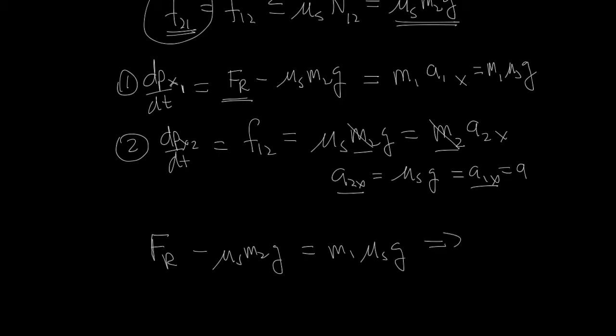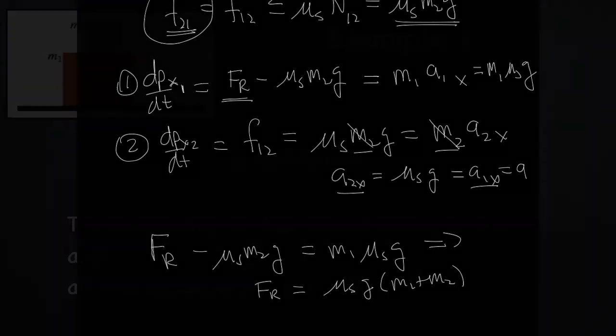And that says that the biggest Fr can be is mu s g times (m1 plus m2). Let's take that back to the original problem and see what that tells us.